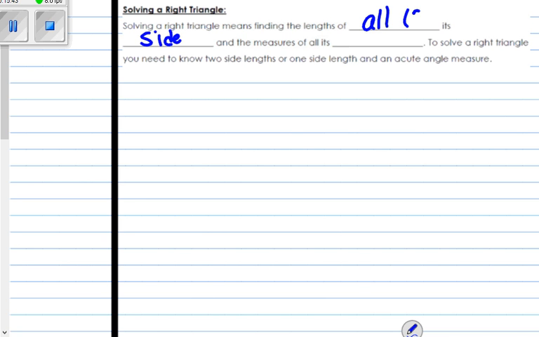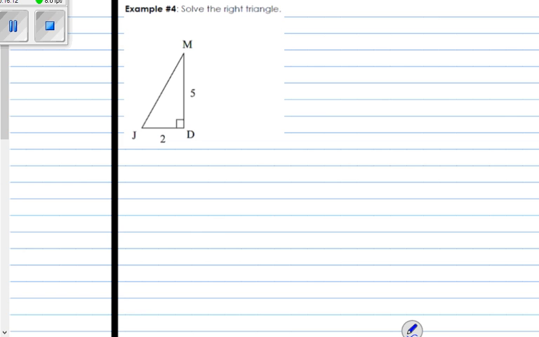So all 3 of its sides, and the measure of all its angles. Again, 3 sides, 3 angles. So to solve a right triangle, we need to know 2 side lengths, or 2 side lengths and 1 of the acute angles. We're going to be using some SOHCAHTOA, we'll be using some Pythagorean Theorem, and so on.